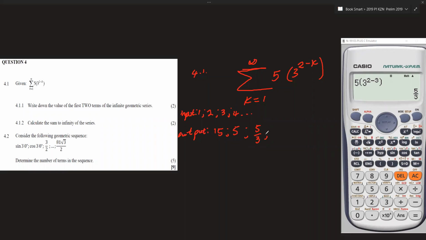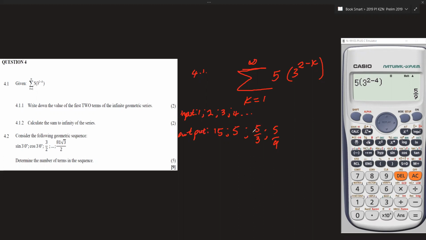Now we're going to input 4. You can end at 3 if you want to, but I'm just doing it up until 4 for the sake of it. So we're going to have 5 over 9. These are the first 4 terms that we are adding in this series.